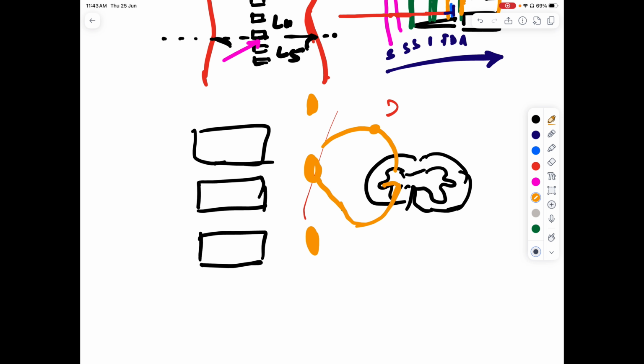When the fibers go to the sympathetic ganglion, there are gray rami as well as white rami. This is preganglionic. From there it goes to the collateral ganglion, and from there postganglionic fibers go to the various organs.